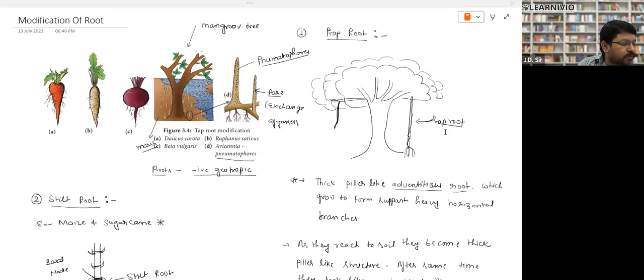In case of prop root, the anatomy of these prop roots matches with the anatomy of stem. Full stop.